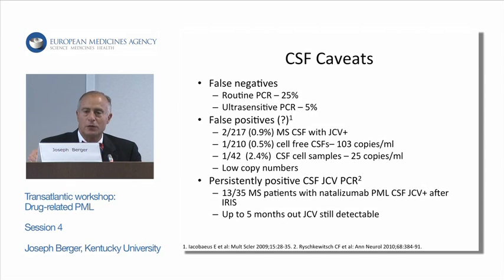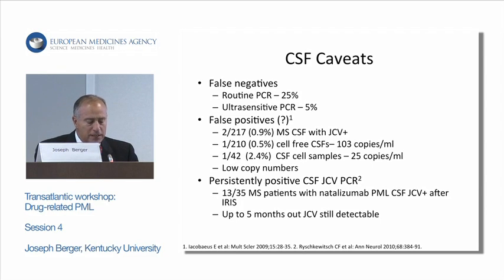And what we did was we cultured for these viruses. And what we found is a small number of perfectly healthy HIV-infected individuals had adenovirus and enterovirus and even herpes viruses that you can culture out of their spinal fluid. So this doesn't surprise me, but it does make it a little more difficult when you want to use the spinal fluid as one of those absolute parameters.